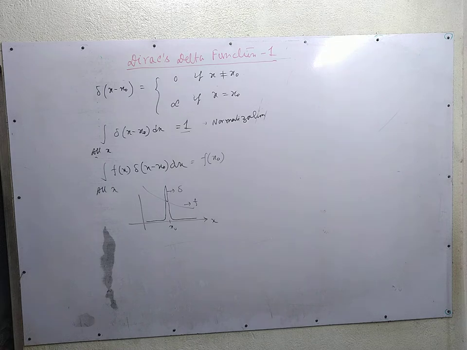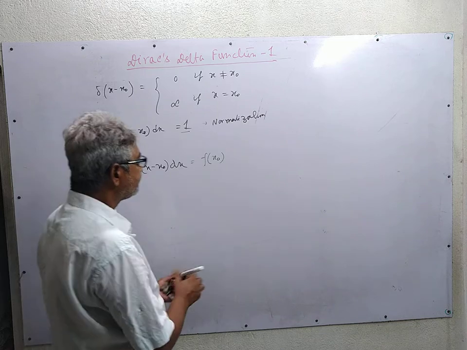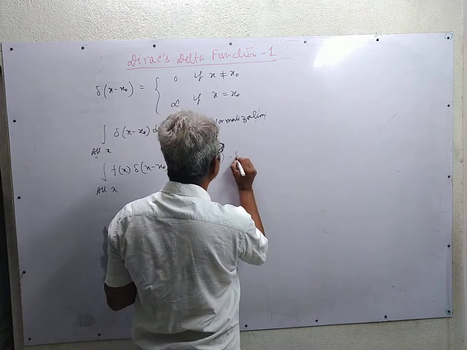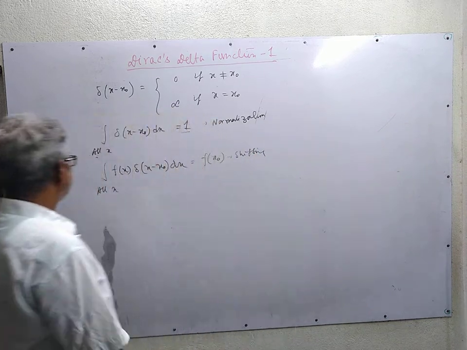So this result follows. This property is known as the shifting property. This is normalization, this is the shifting property.